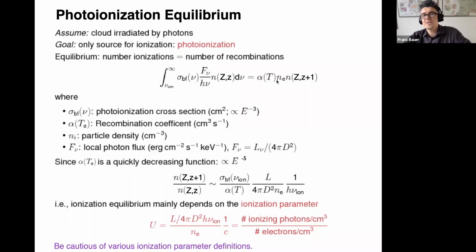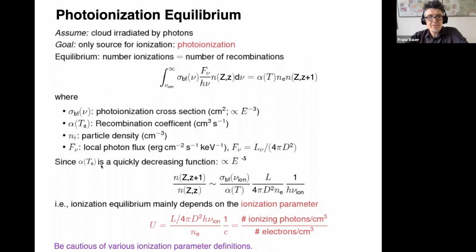The speeds of the electrons and the number of electrons and the number of ions. So you go through and you say, okay, well, this thing is proportional to E to the -3. If we're talking about something simple like hydrogen, we have our recombination coefficient, we have our particle density, and we have our photon field. And a photon field we could relate to our luminosity, right? If we knew the distance.